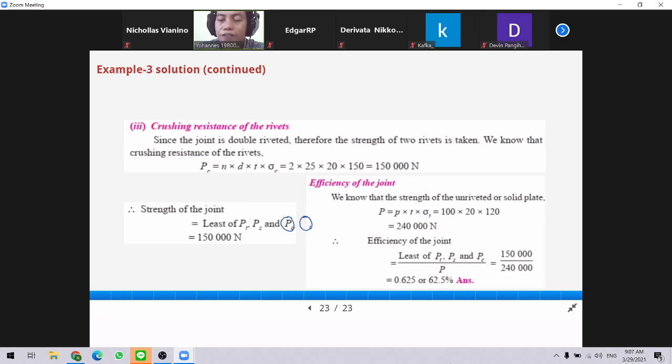So the efficiency is only 62%. So according to you, which one is better among those three designs? First, we have single lap joint, next we have lap joint with double column rivet, and the third we have butt joint, the double cover butt joint.